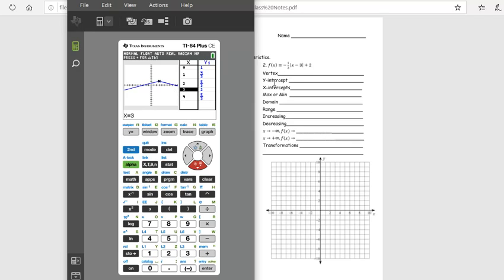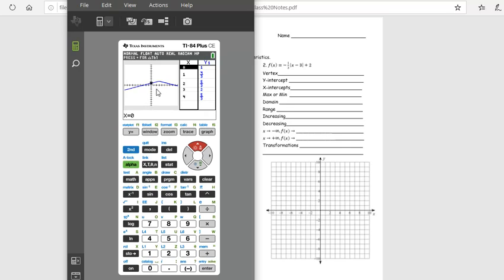As far as x-intercepts and y-intercepts, I also want to show you how to find those on the table. Remember that a y-intercept occurs when x is equal to 0. So you can find when x is 0, and I know that y is 1. I could also use the cursor to see that it is indeed sitting on the y-axis at that point.